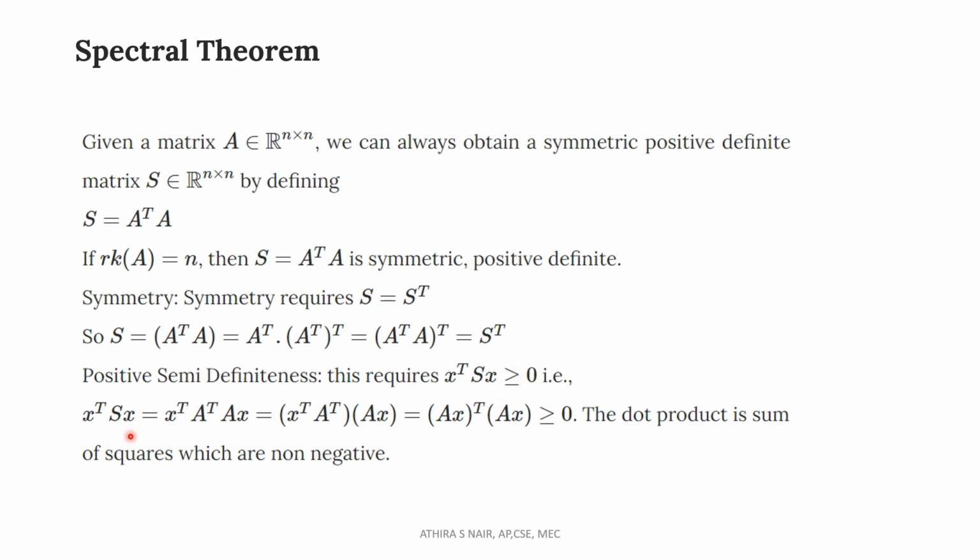That is, x transpose S x equal to x transpose A transpose A x, equal to (Ax) transpose (Ax), which should be greater than or equal to 0. The dot product is a sum of squares, which are non-negative.